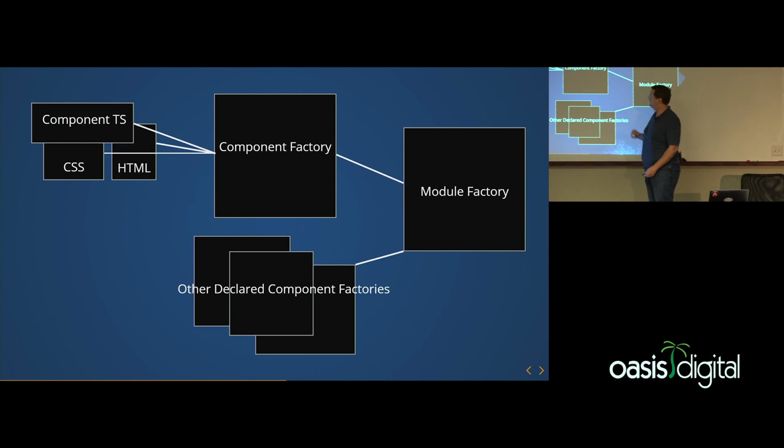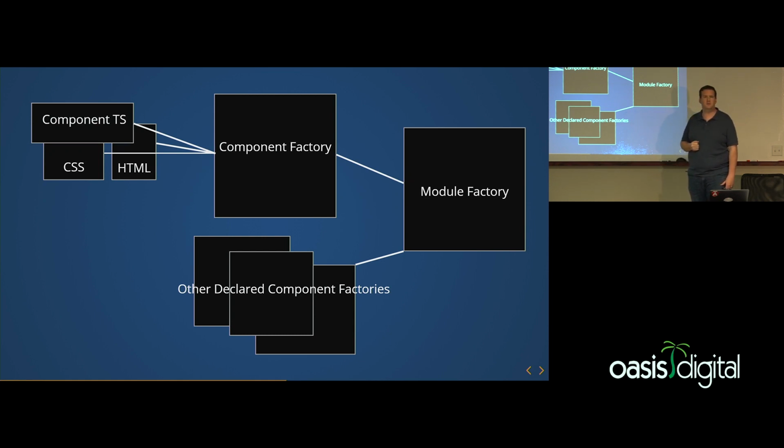Starting in the top left, when you have a component in Angular and you run it through that build system, what you get is a combination of your TypeScript, CSS, and HTML that are all transpiled, compiled together, and boiled down into what's called a component factory. Most of your applications, you've never seen or heard of this component factory, but it actually rides within the Angular APIs.